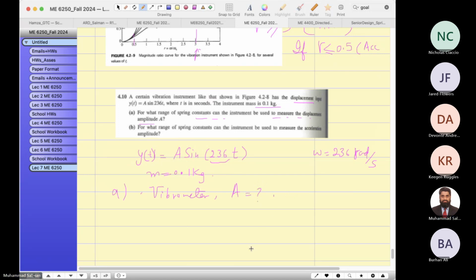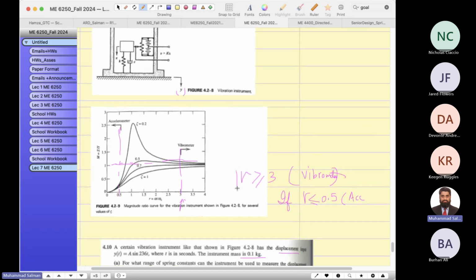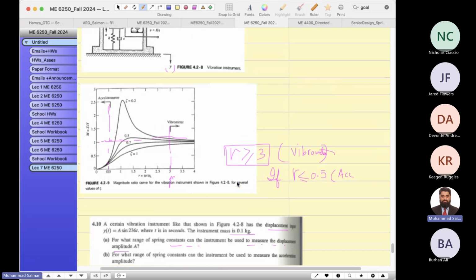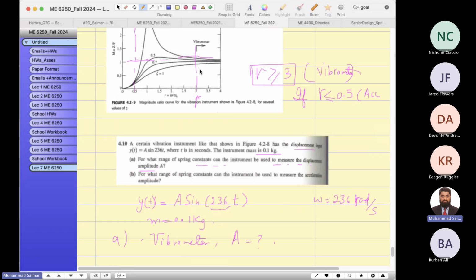So we can see that if R is greater than or equal to 3, this behaves like a vibrometer. The voltage reads the exact net deflection of the transmitted displacement and the mass inside the instrument. It's like accelerometers and vibrometers.